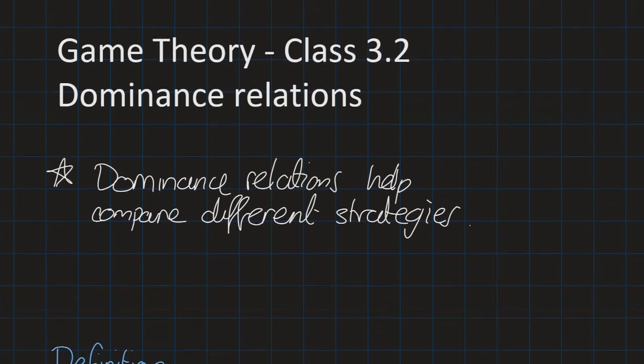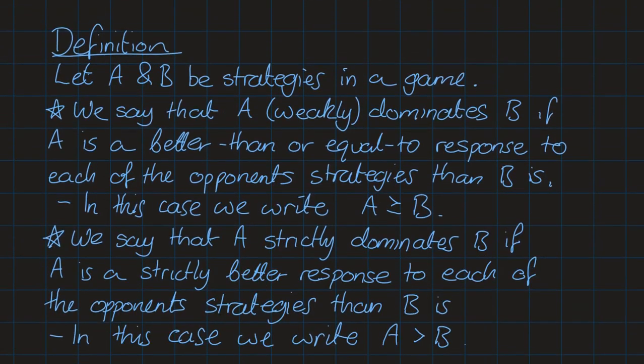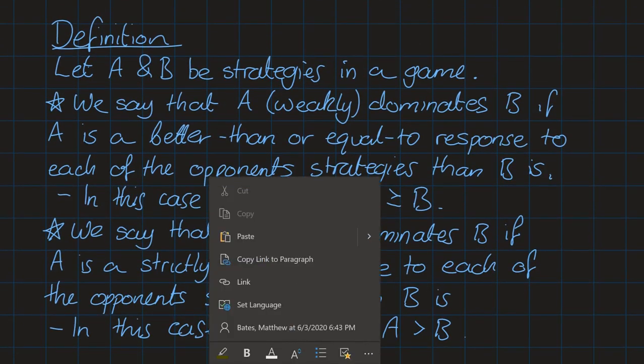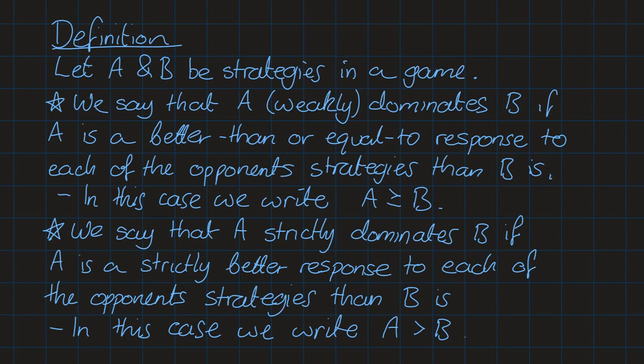So let's just go straight to the definition. It's a long definition, but I think once you see some examples, it's not too bad. So let's begin. First of all, let A and B be strategies in a game. These are my variables which represent strategies in a game.